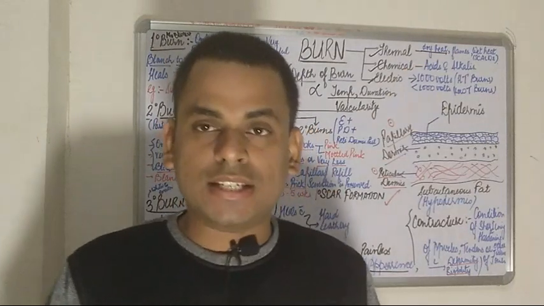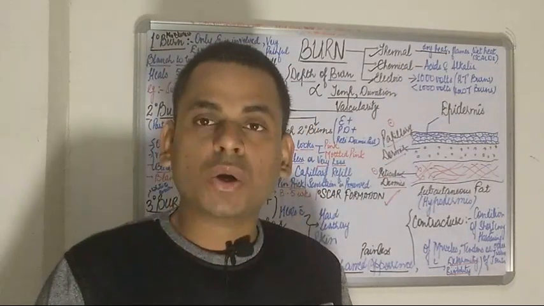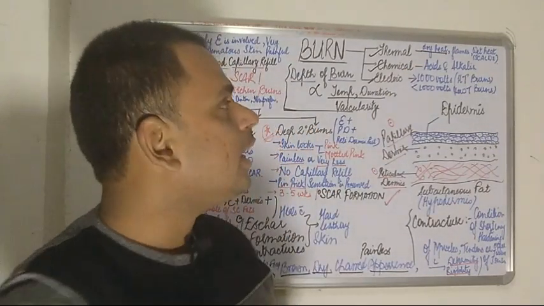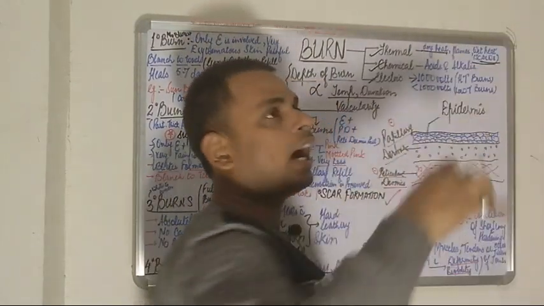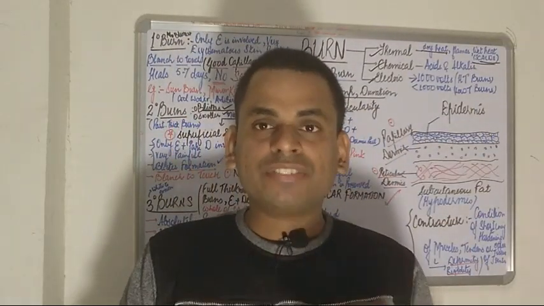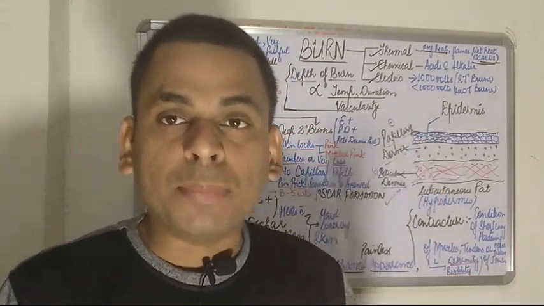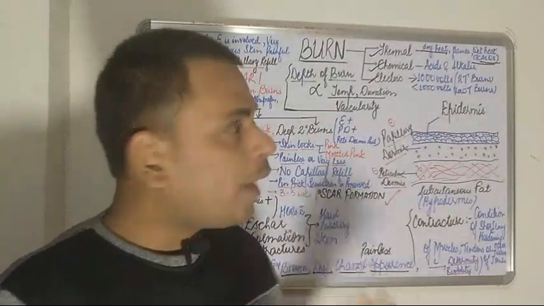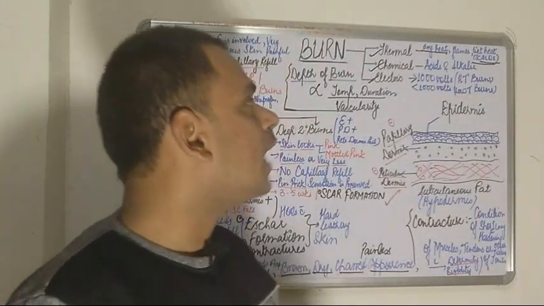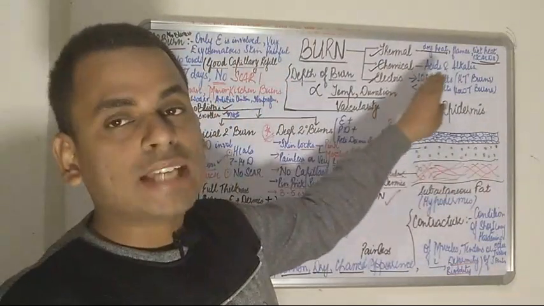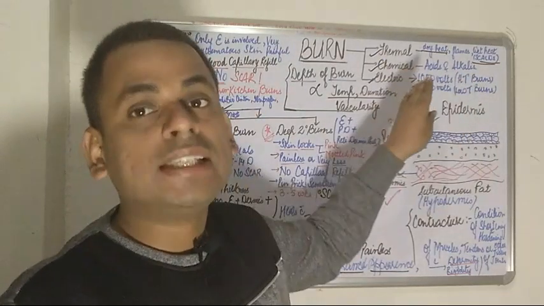And the burns which are caused by wet heat are known by the name of scalds. So scalds is the medical term used for burns caused by wet heat. Moving on to the next type of burn, the chemical burn.